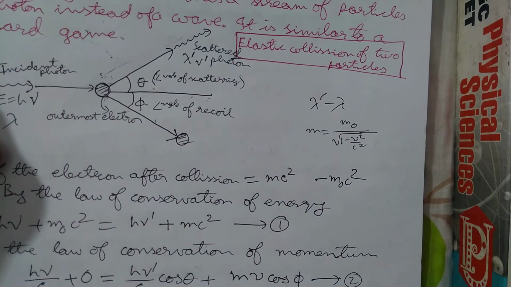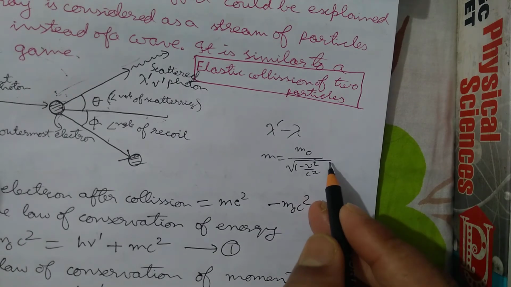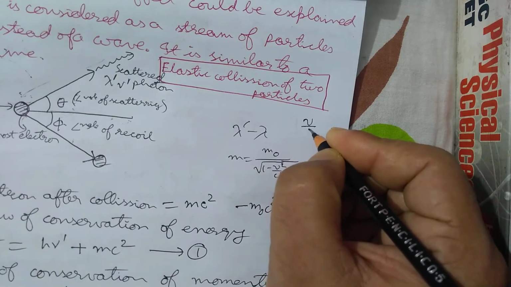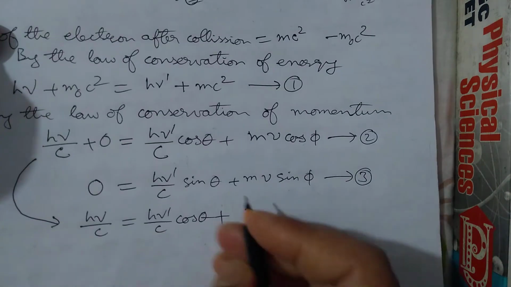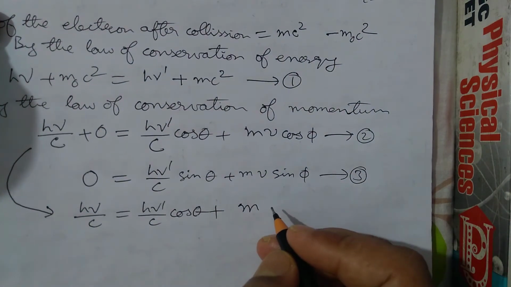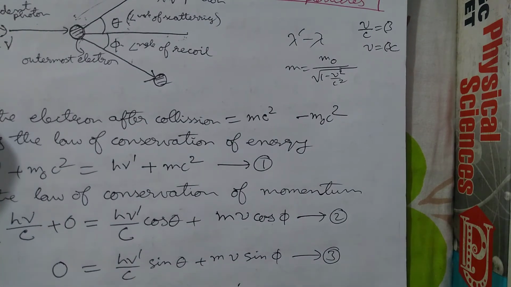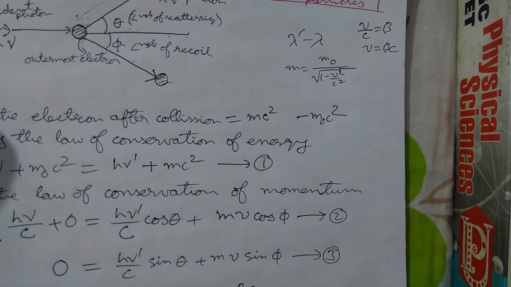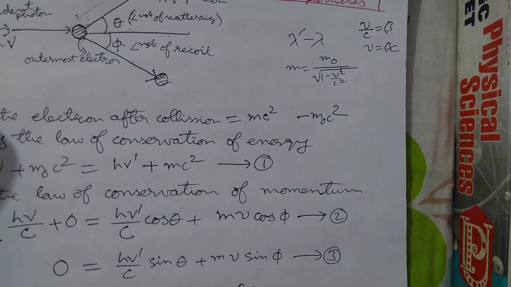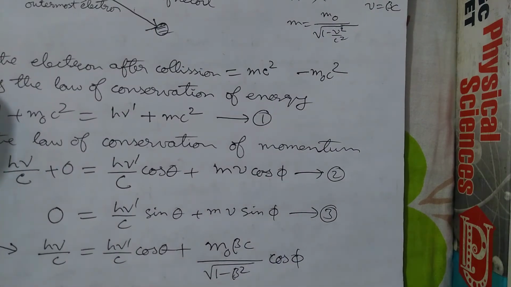Here v by c is taken as beta, so v will be beta into c. So from here, m into v will be m naught into beta into c by square root of 1 minus beta square, into cos phi.